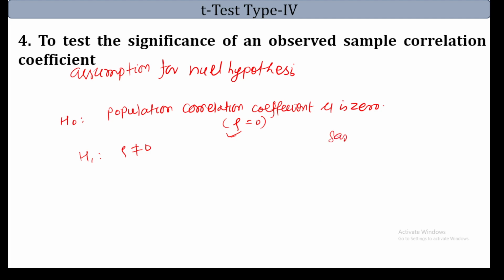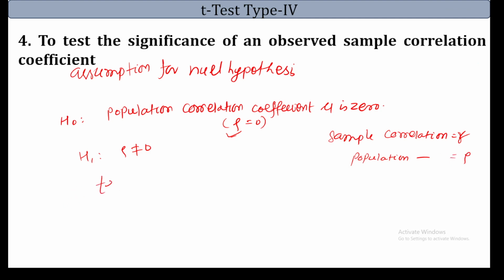If you say the sample correlation, it will be R, not gamma, R. And if you say population correlation, it will be rho.